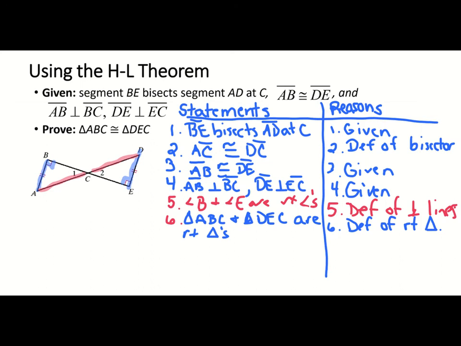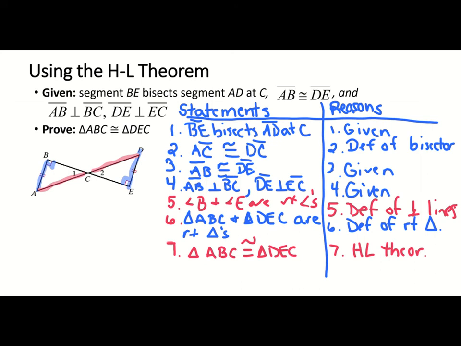So I can prove my triangles are congruent right now using my HL theorem. I'm going to say triangle ABC is congruent to triangle DEC, and that is going to be the HL theorem, because I have a leg and hypotenuse in a right triangle that is congruent to a leg and a hypotenuse in the other right triangle.